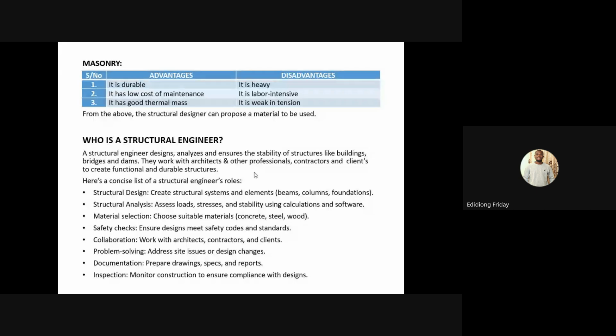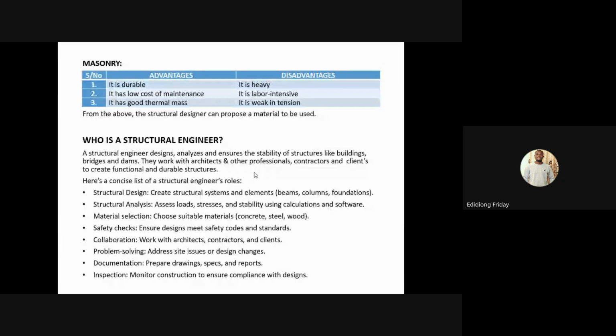The structural engineer also carries out structural analysis, assessing loads, stresses, and stability using calculations and software. The structural engineer also has a say in the material selection, and also the mix ratio.